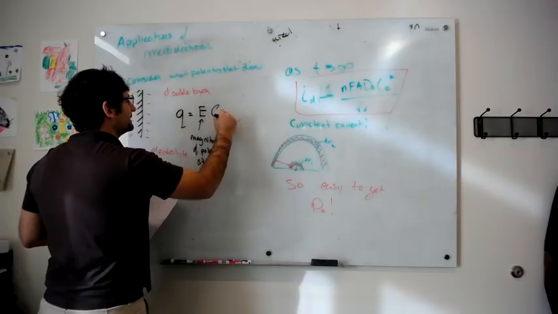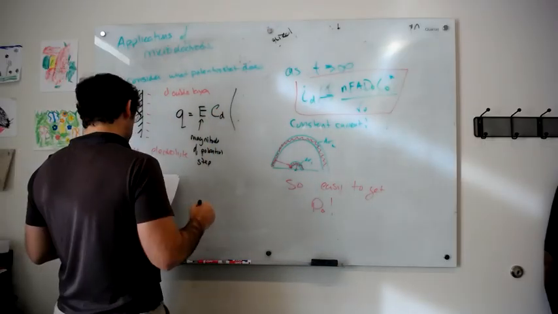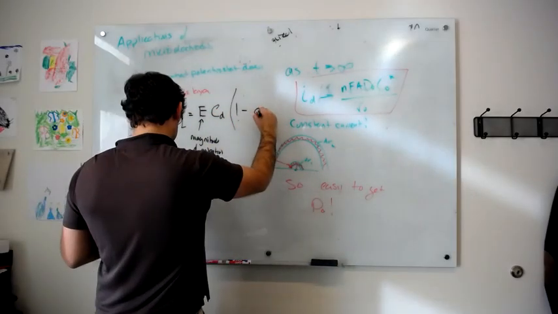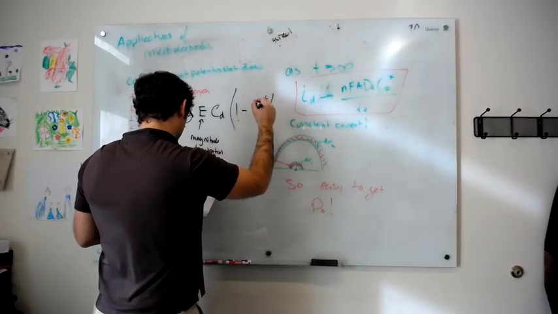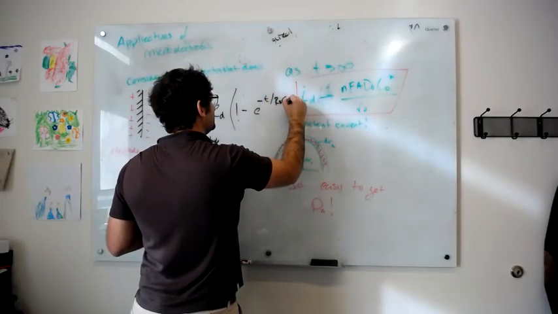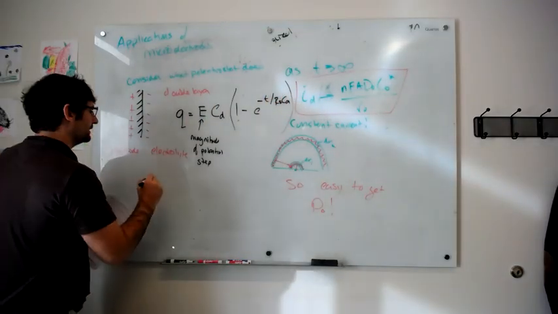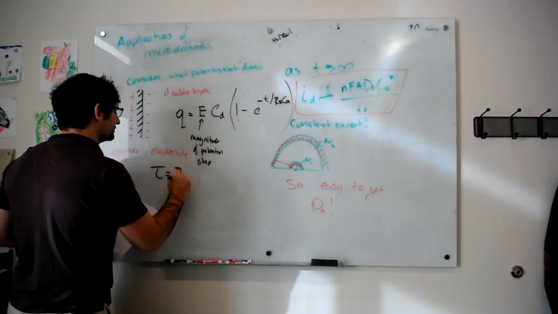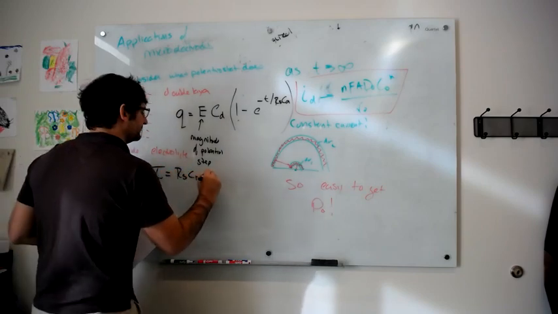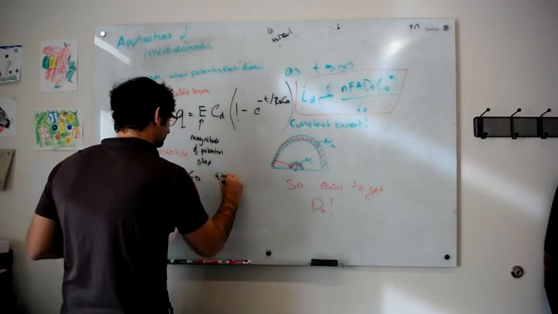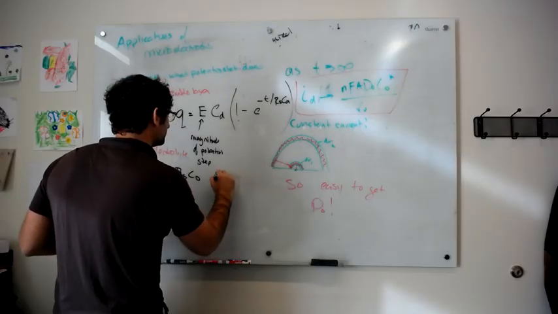Times the double layer capacitance, CD, times 1 minus e to the negative t over RS CD, where we call tau equals RS CD. This is the time constant.